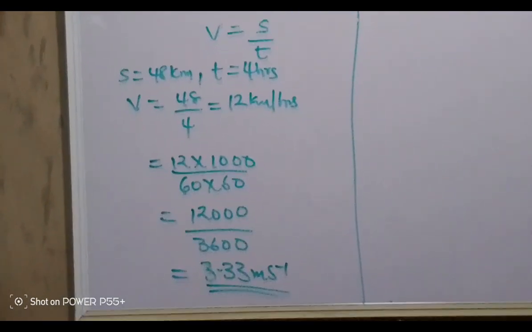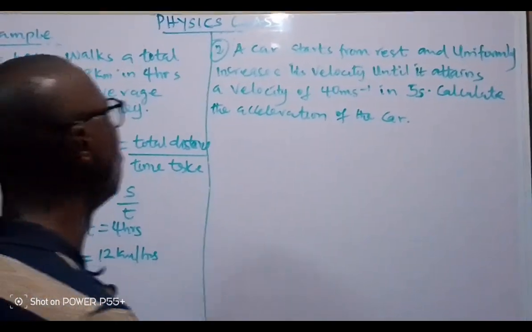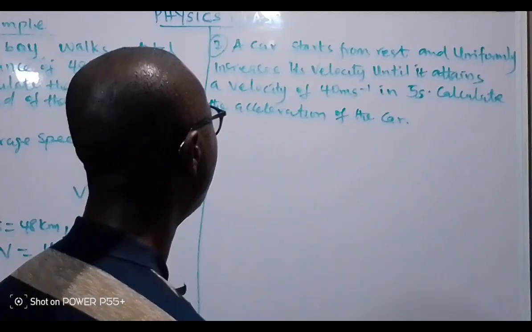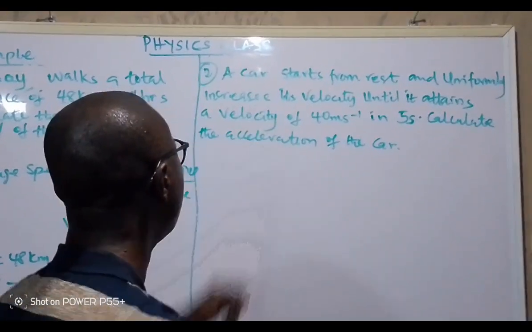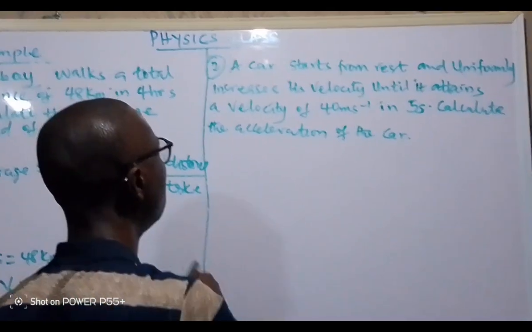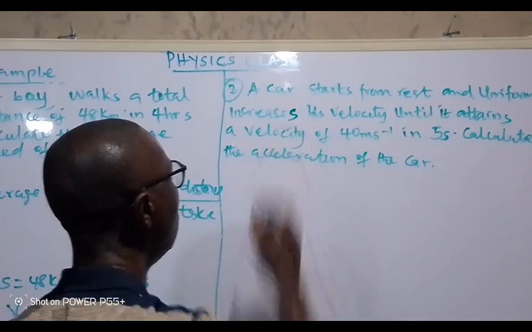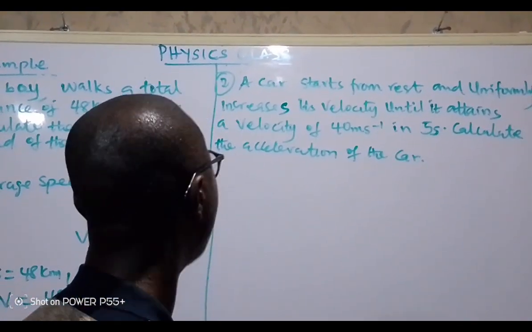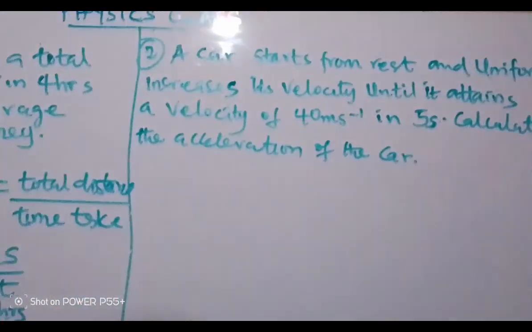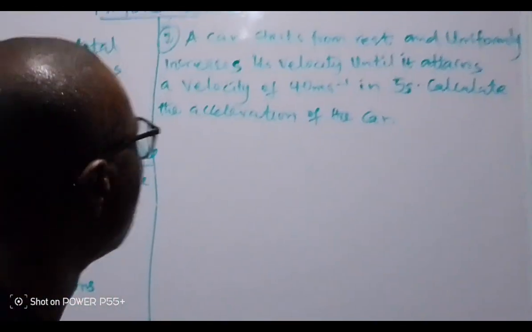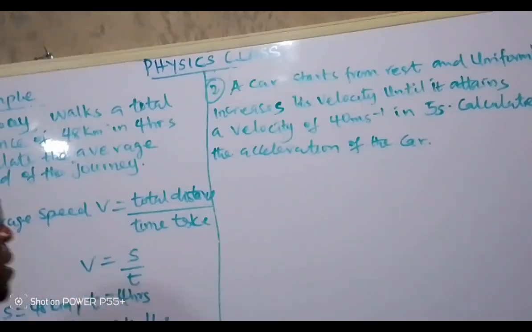Take this one as example 2. A car starts from rest and uniformly increases its velocity until it attains a velocity of 40 meters per second in 5 seconds. Calculate the acceleration of the car.